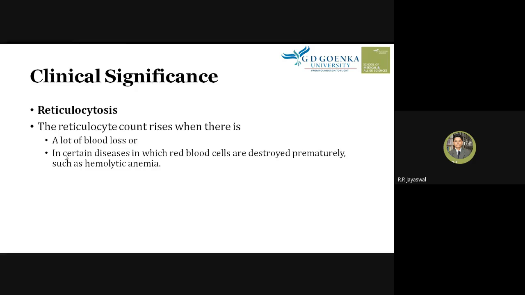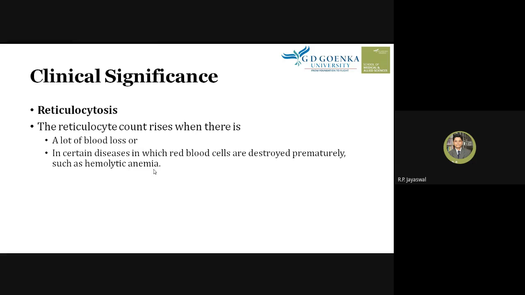Another condition is certain diseases in which red blood cells are destroyed prematurely, such as hemolytic anemia or malaria, where RBC is lysed by the parasites, or incompatible blood transfusion, where blood is not compatible and causes an immune reaction, and blood cells can be hemolyzed in the blood vessels.